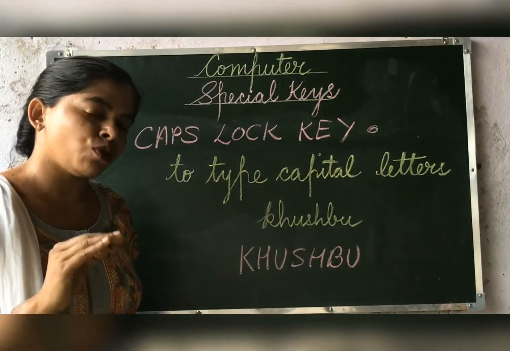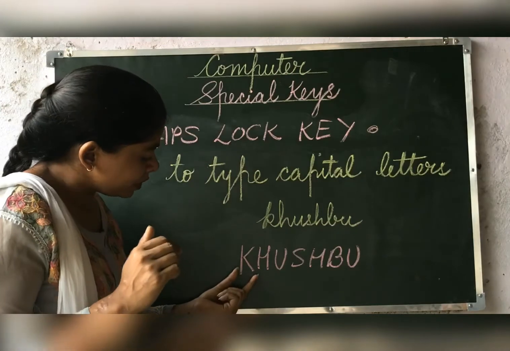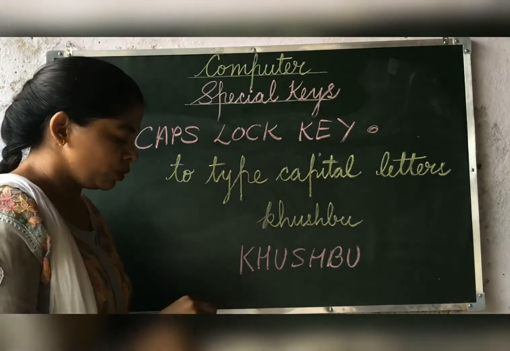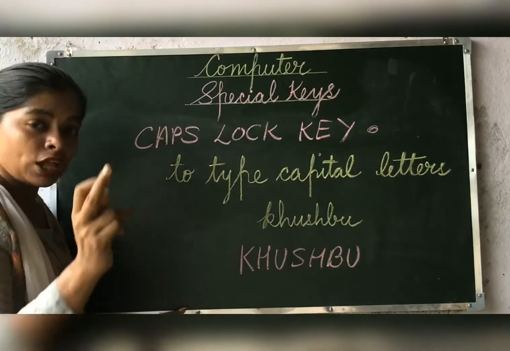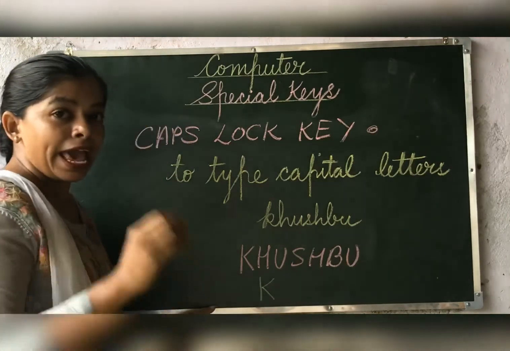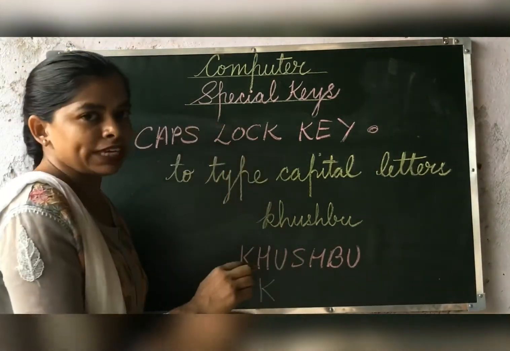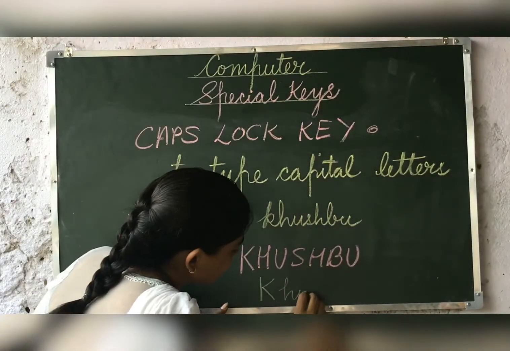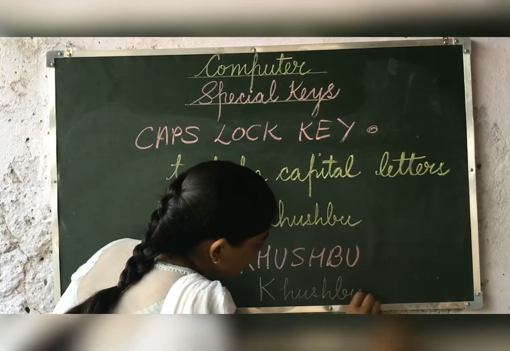Now children, suppose I want only the first letter of my name in capital. So what you will do, you will turn on the caps lock key and write the first letter of your name, and then you will turn off the caps lock key and continue the name, then it will come in small letters.